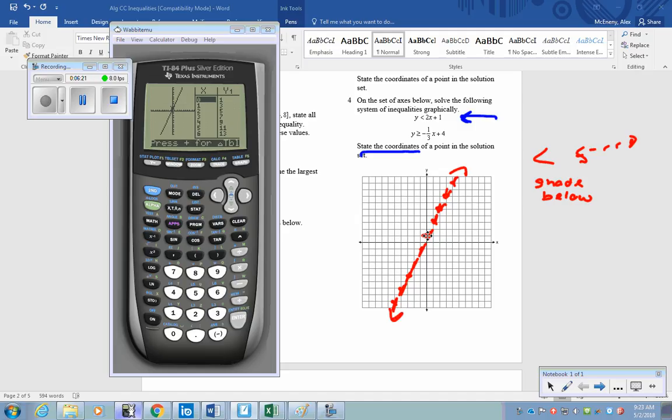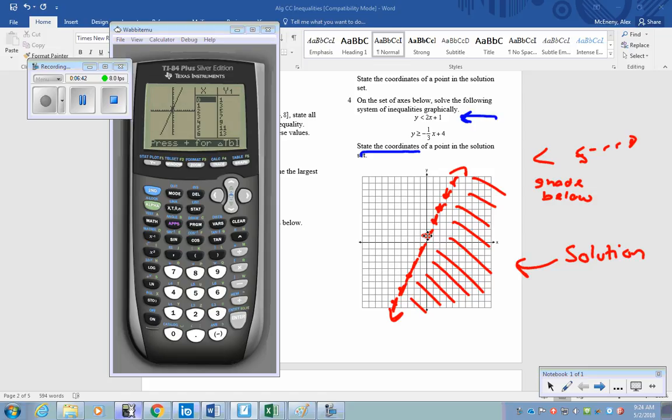Then shade below would be this side, the side underneath the inequality. Anything in the shaded area would be considered a solution for that inequality. But because there are 2, we're looking for ones that are in the double shaded area. So keep that in mind as you finish that question. And if you have any other questions, please be sure to ask me in class.